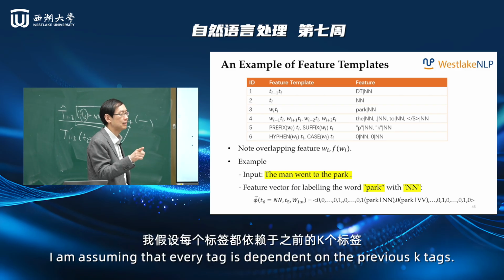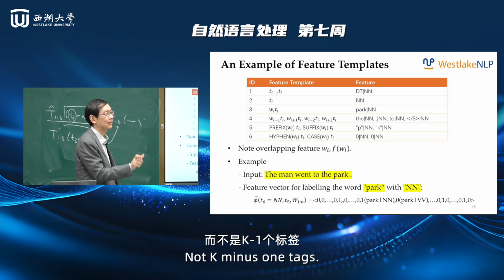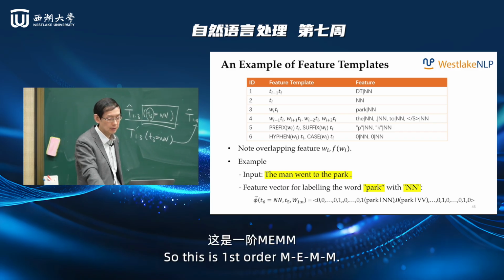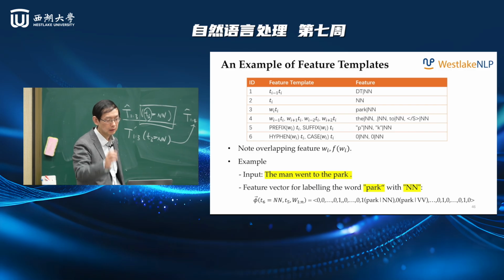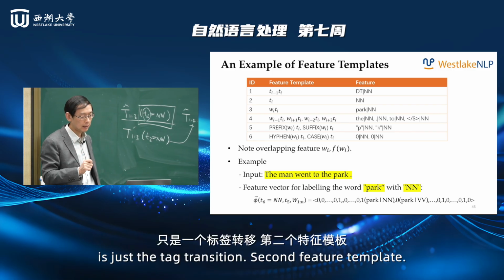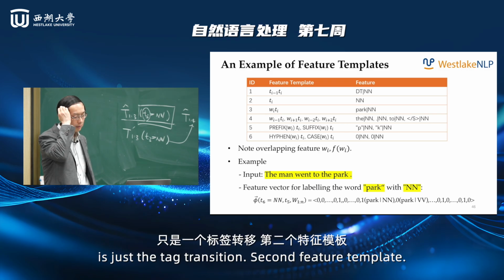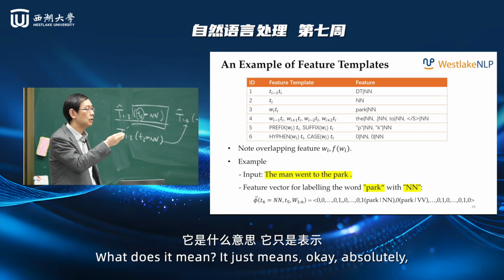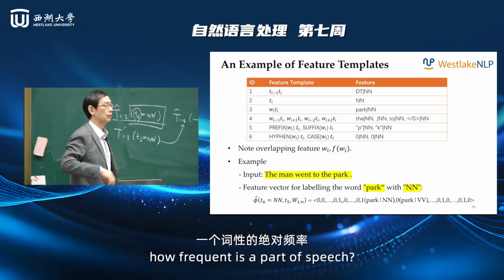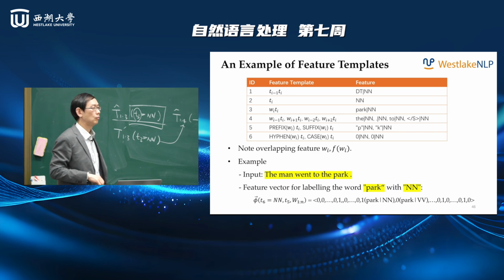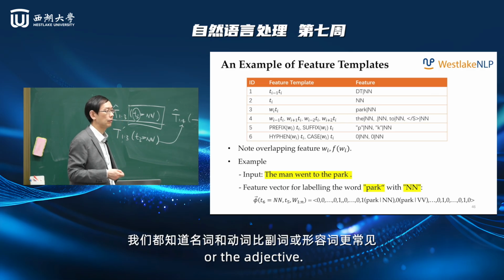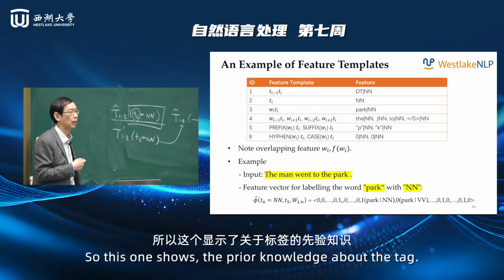I'm assuming that every tag is dependent on the previous k tags, not k minus 1 tags. So k is 1. So this is first order MEMM. So the first feature template is just the tag transition. The second feature template, what does it mean? It just means how frequent a part of speech is in absolute terms. We all know that the noun and the verb are more frequent than the adverb or the adjective. So this one shows the prior knowledge about the tag.